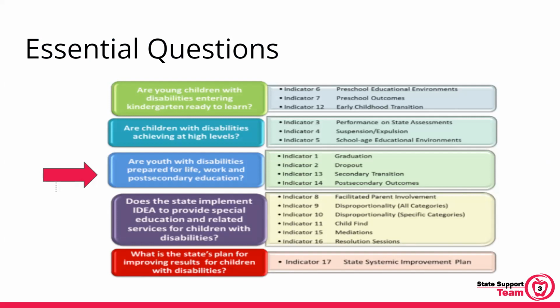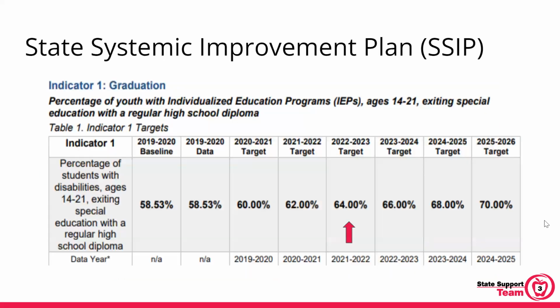The indicators that we use to measure how well we're doing with answering that question would be Indicator 1, graduation; 2, dropout; 13, secondary transition planning; and then Indicator 14, post-secondary outcomes.